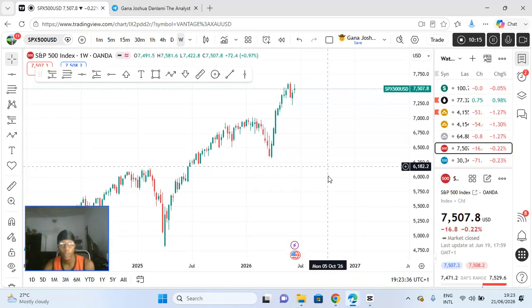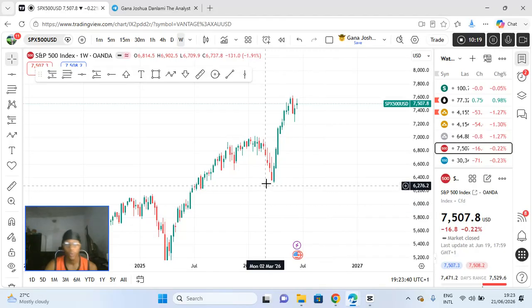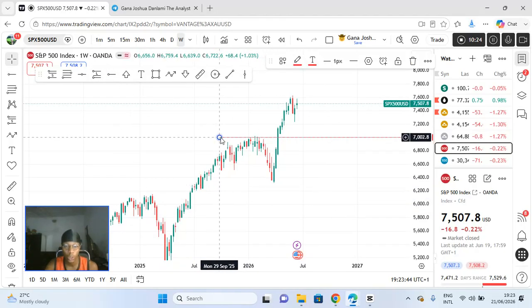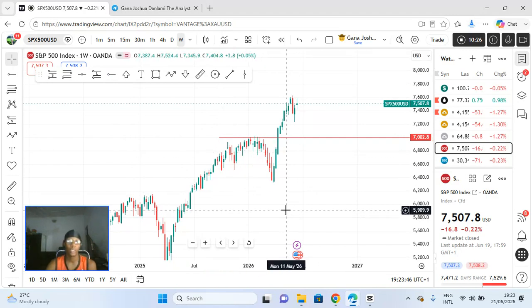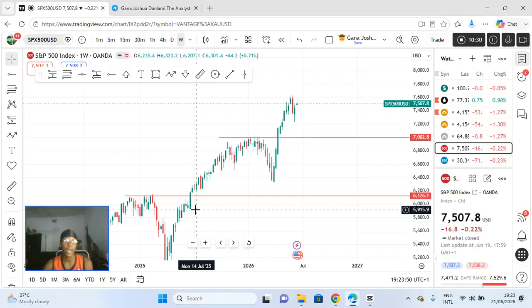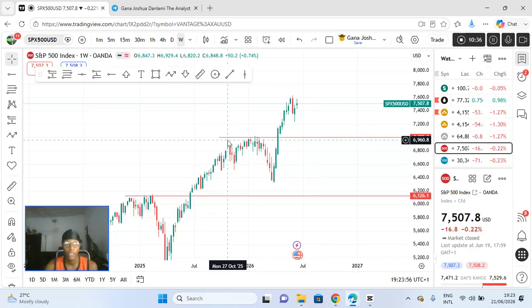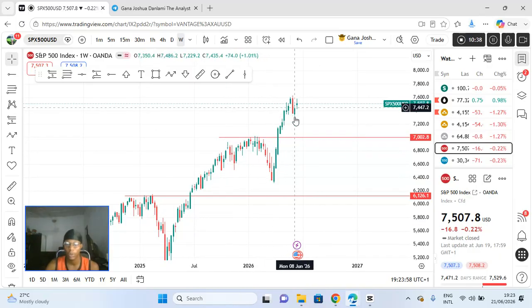If we go to S&P 500 for stocks, without even having to do anything, recently stocks have been making new all-time highs, and the reason for this is the thing happening with AI and the companies involved with AI. There's a whole lot of demand for that, and recently we've been seeing new all-time highs.